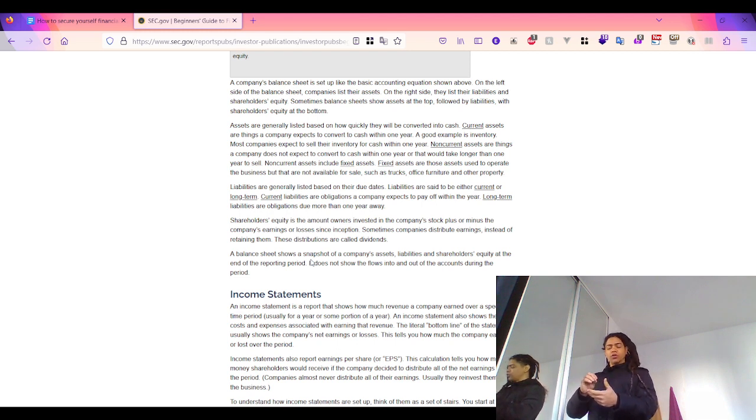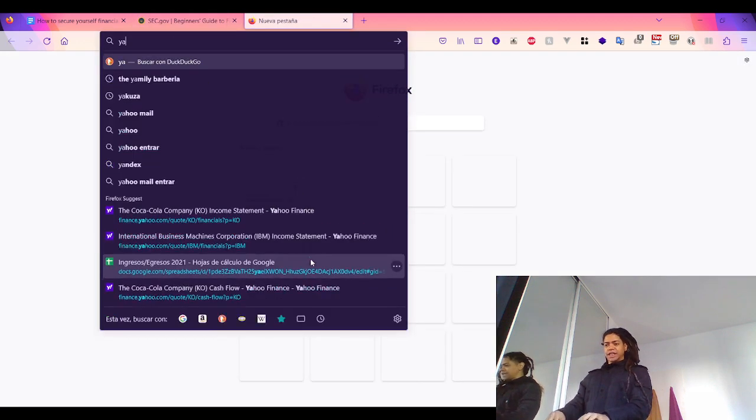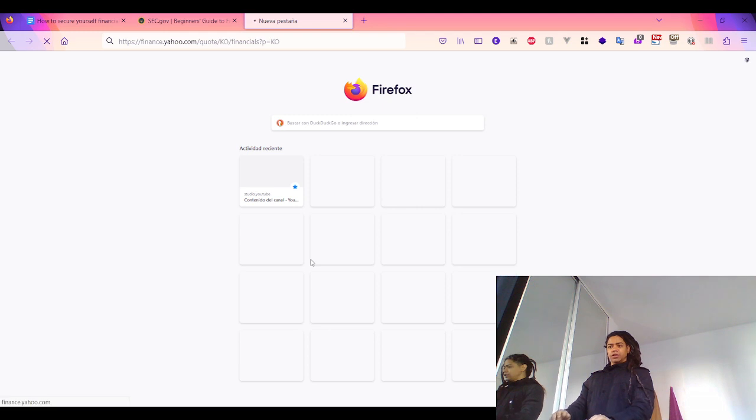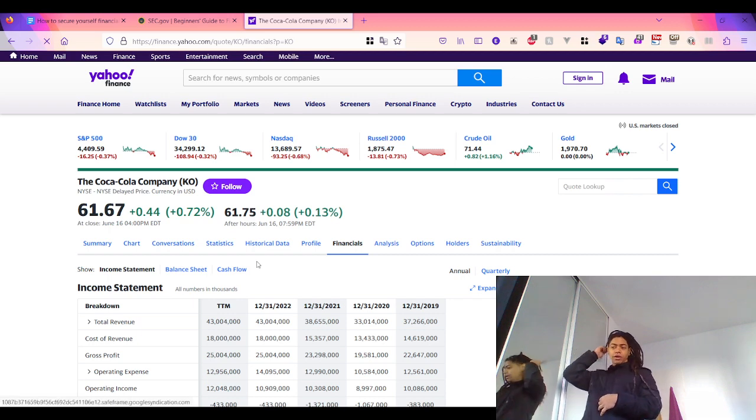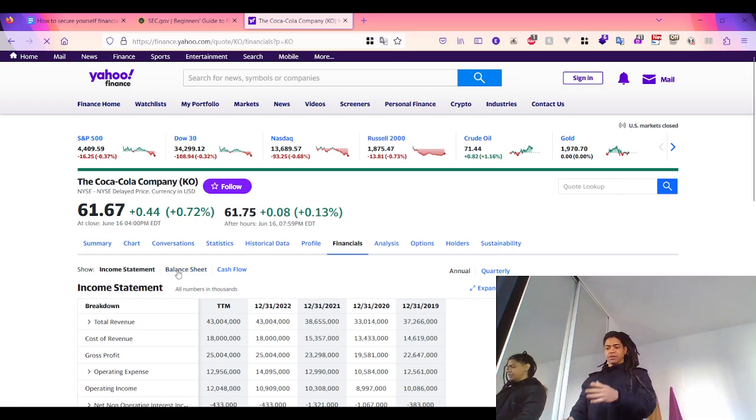I wanted to know more about them and to get a practical aspect, to get my hands dirty on that, and also by looking at places like Yahoo Finance, at companies like Coca-Cola, IBM, or Apple, where you can see their balance sheets, income statements, and cash flow.